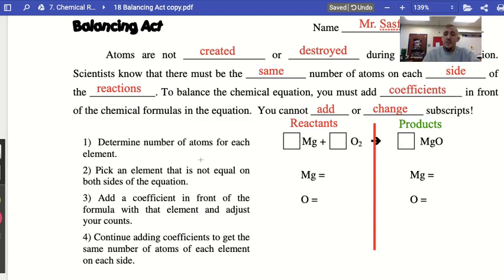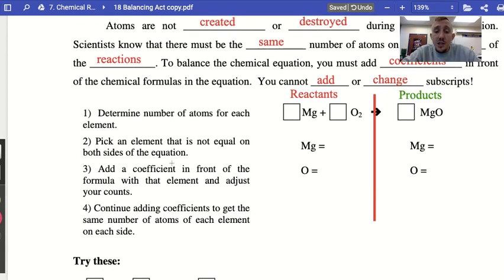The instructions here are 1, 2, 3, and 4. We're going to start with 1: determine the number of atoms I have on each side for each element. Right now I have 1 magnesium because there's no subscript here. To assume that I have 1, I have to write at least the element.